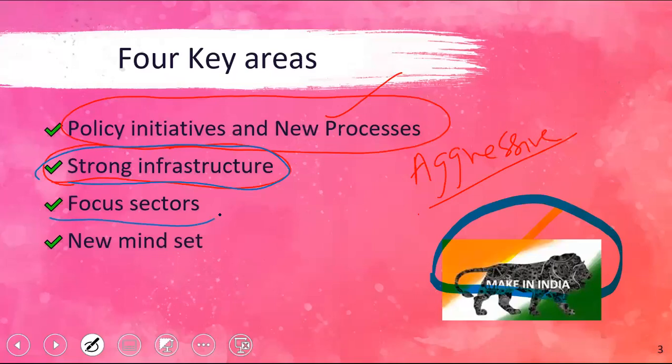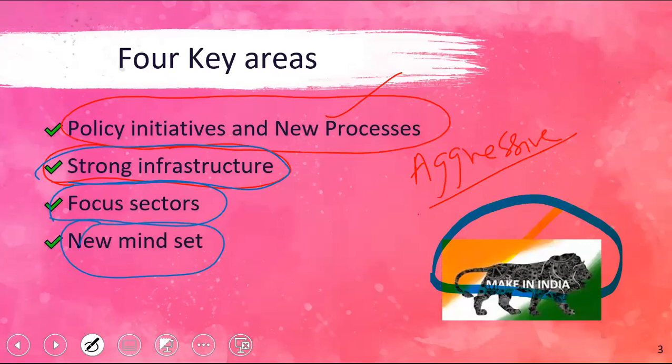Then again, the government has to identify the focus sectors. The government should know which sectors should be included under the Make in India movement, and those sectors should be known as focus sectors. You cannot choose all the sectors and go for economic development. Then the next important area is the new mindset.